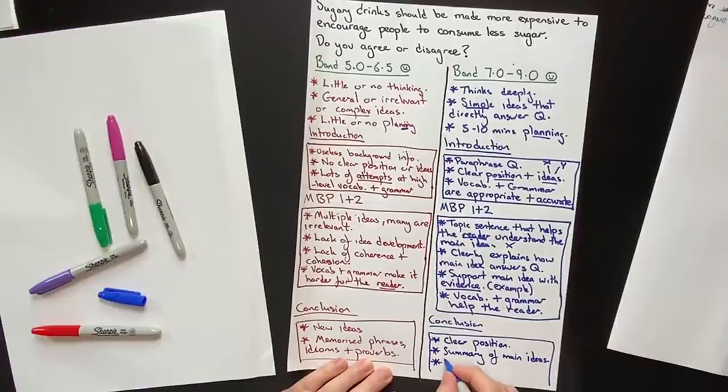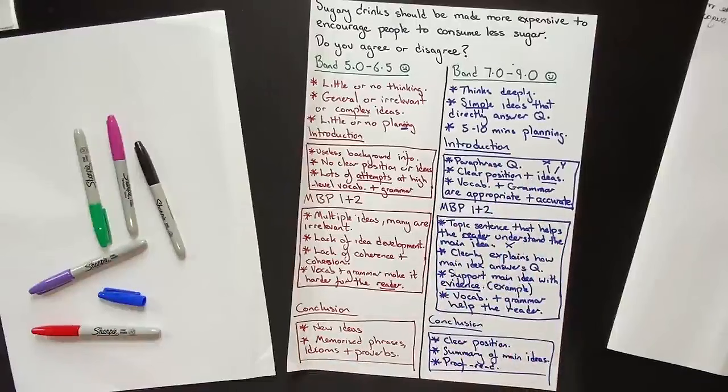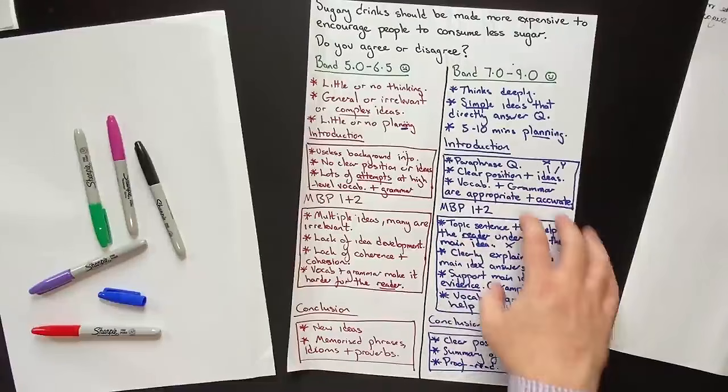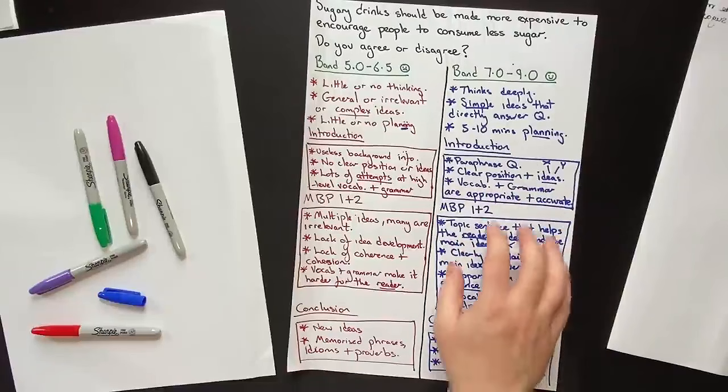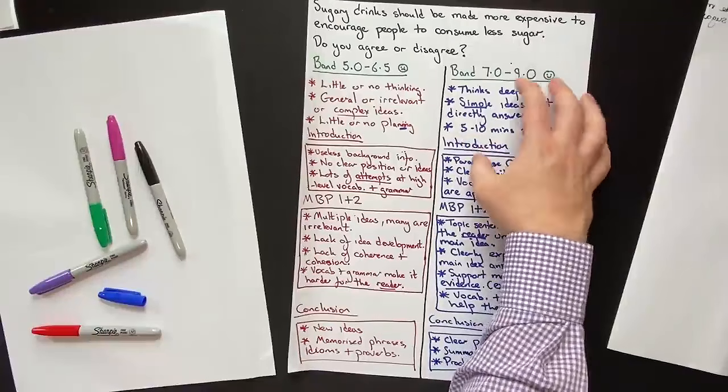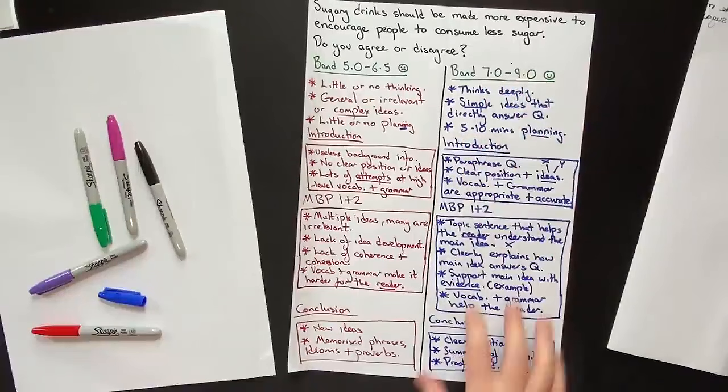And finally, what they do is everyone makes mistakes, so they proofread. Because there will be lots and lots of little mistakes, so they will go through their essay, correct those mistakes, and they'll have lots of time because Band 7, 8, and 9 students, they tend to finish IELTS Writing Task 2 well before 40 minutes.